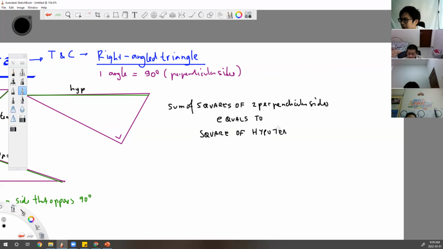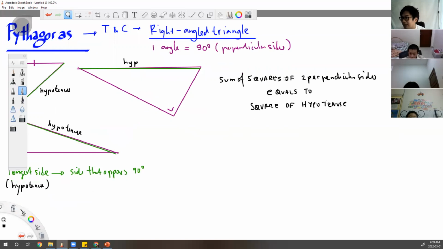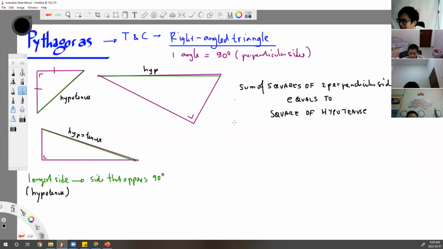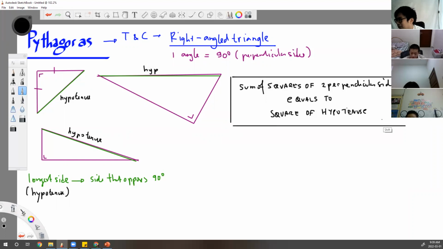Okay, what does it mean? So this is the memorization. You memorize this. You have to know the hypotenuse. That's your first priority.